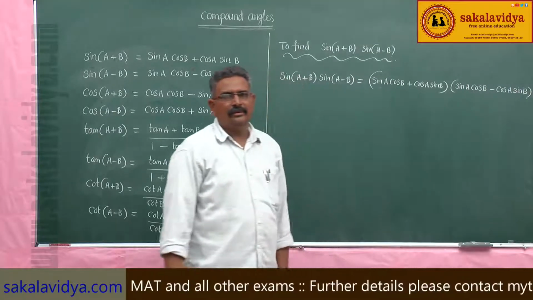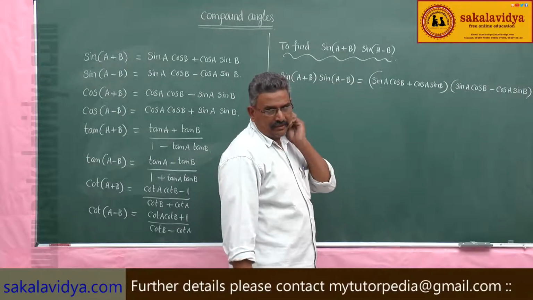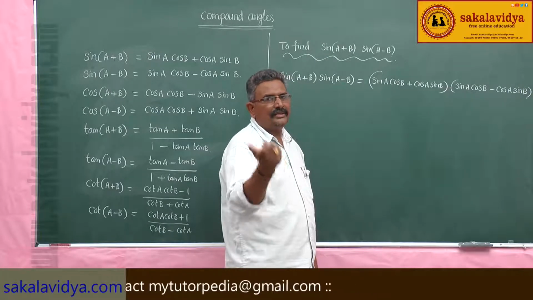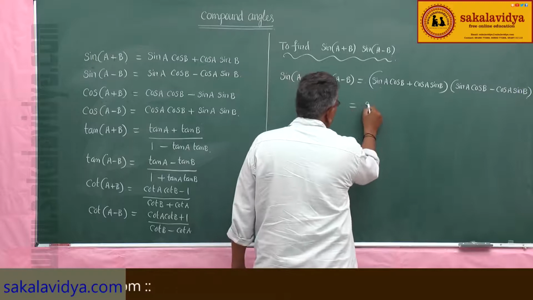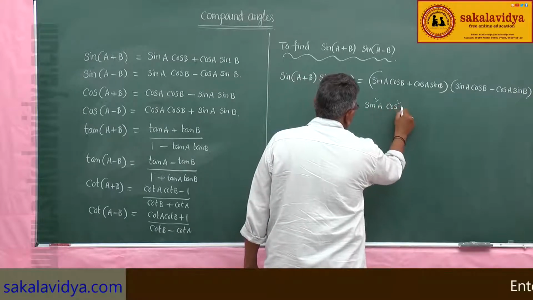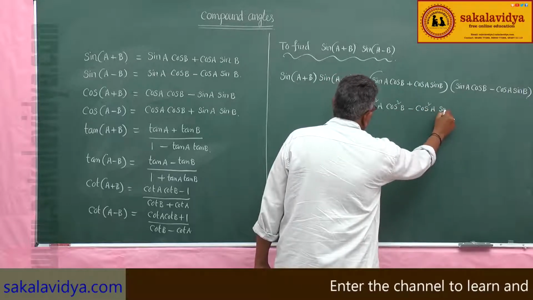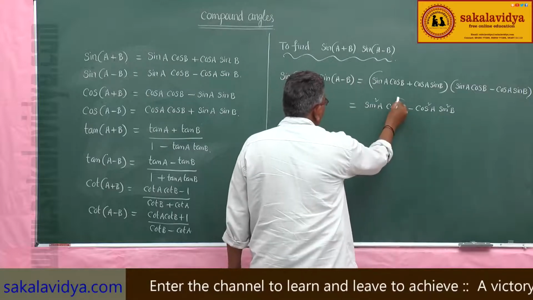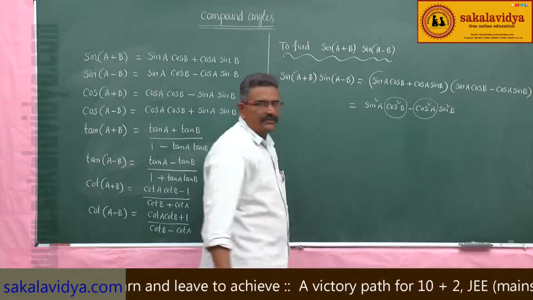Okay. Now, what do you observe in the right hand side? Right hand side is in the form of A plus B into A minus B. So, what do you write? A square minus B square form. So, we can write this as sin square A cos square B minus cos square A sin square B. Now, let us change this cos square B and cos square A in terms of sin.